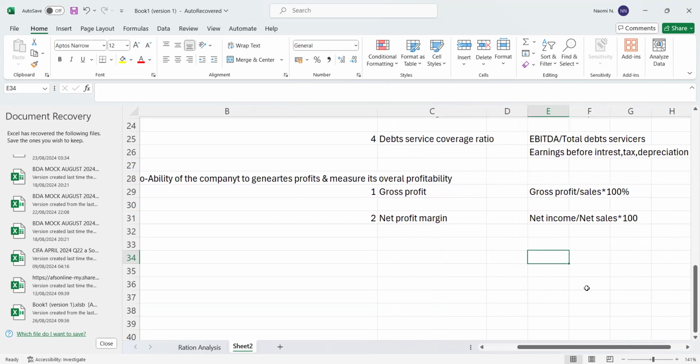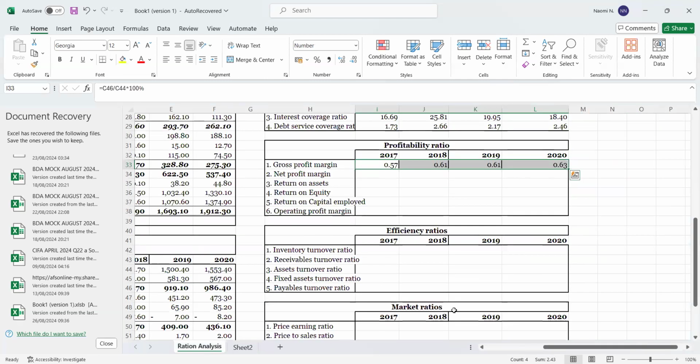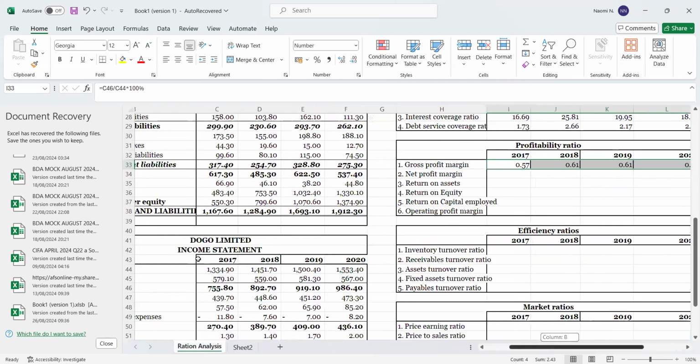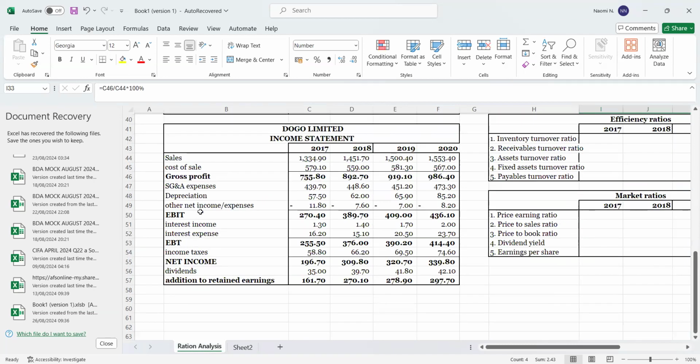So on this one, the net profit margin represents the percentage of the revenue remaining after deducting all the expenses, including cost of goods sold, operating expenses, interest, taxes, and all the expenses that the organization has. Here we go. Normally it is income, this one. Let me just highlight it.